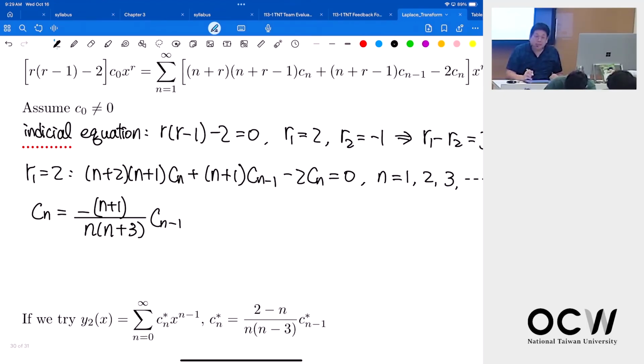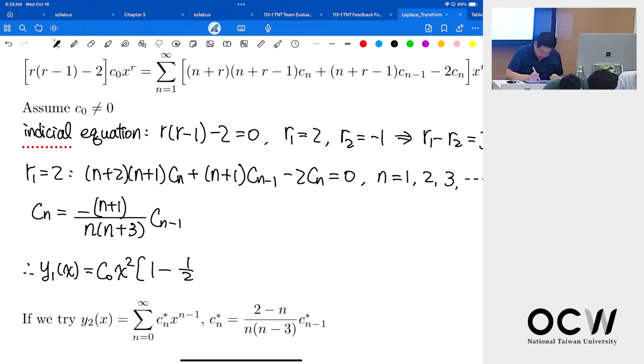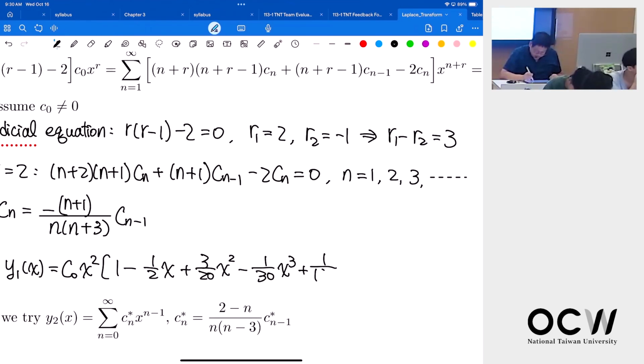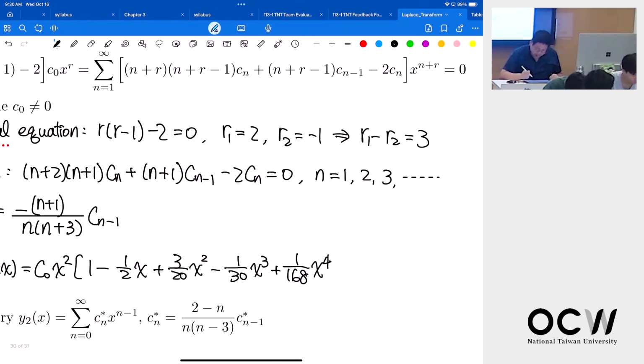That means my first solution, y1, is c naught x squared times 1 minus 1/2 x plus 3 over 20 x squared minus 1 over 30 x cubed, and the next term is 1 over 168 x to the 4th, and so on.